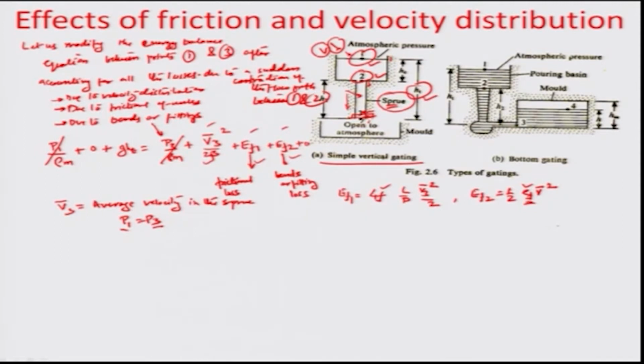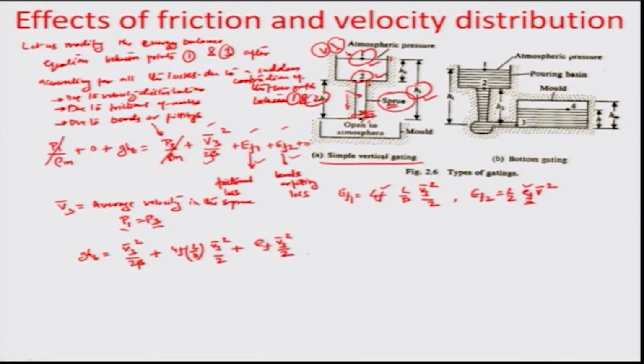So, the final expression which emerges in this particular case comes out to be g HT on one side, and then we have V3 square by twice beta plus 4f L by d times V3 square by 2 plus EF times again V3 square by 2.